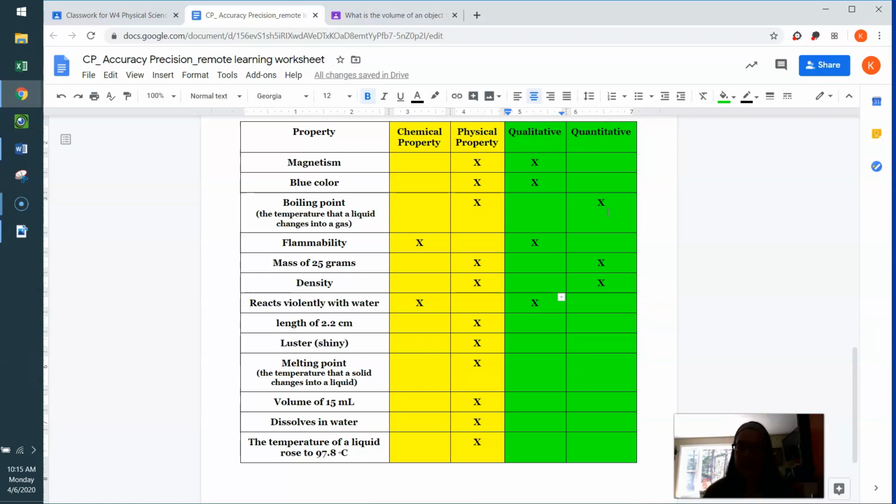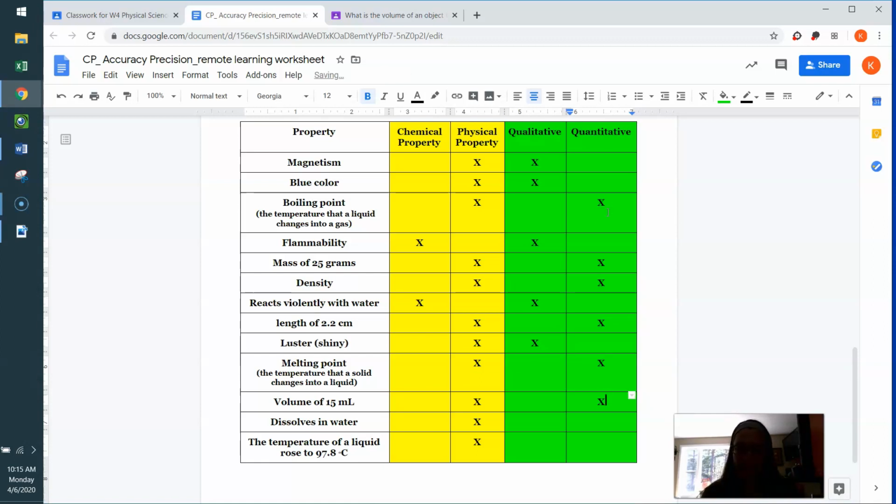You just see that it does react. Length gives you a number right in there, so it's automatically quantitative. Luster, is it shiny or not? That's just a quality, it just describes how it looks. Melting point, much like boiling point, requires a temperature. Therefore, it's a measurement. It is quantitative.